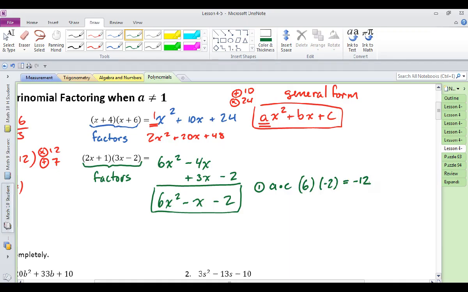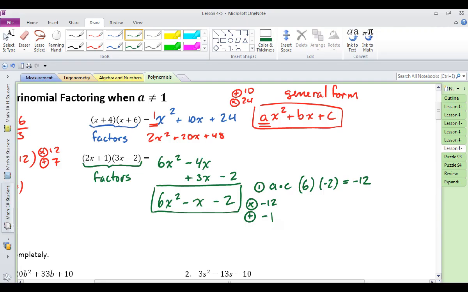Now we do regular factoring. But instead of 2, we're using negative 12. So I have this, and now I need to multiply to negative 12 and add to what number? Negative 1. Is everyone cool?